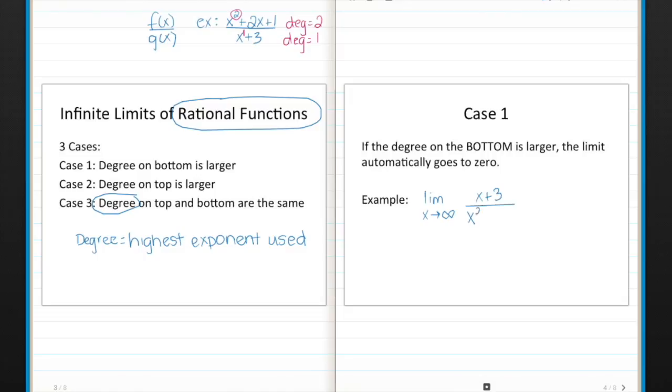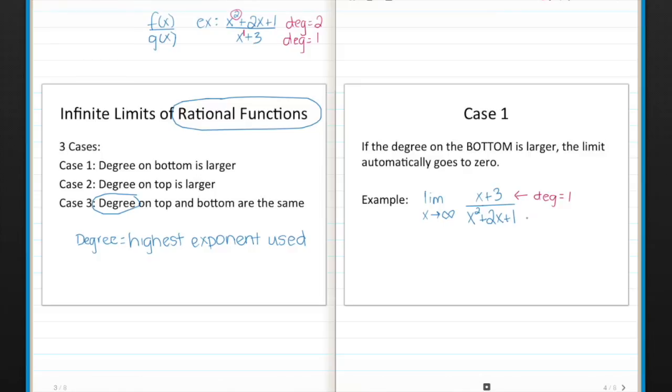So let's look at an example where this would be the case. Let's find the limit as x approaches infinity of x plus 3 over x squared plus 2x plus 1. So we need to determine the degree of the top and the degree of the bottom.